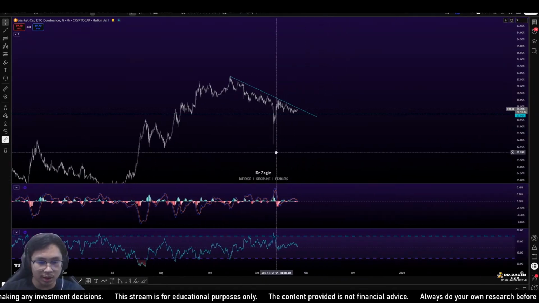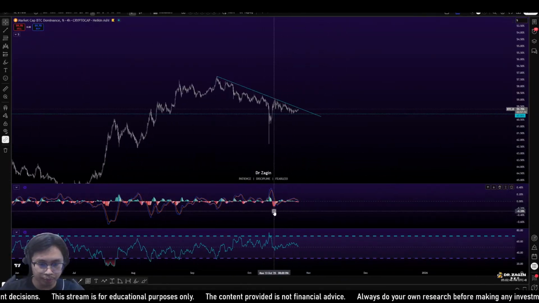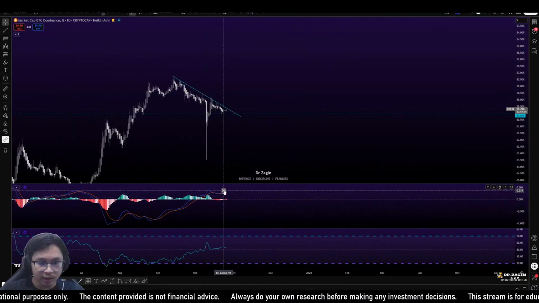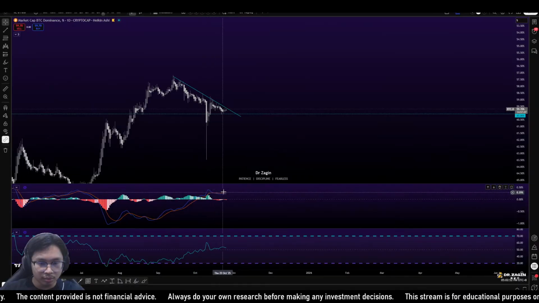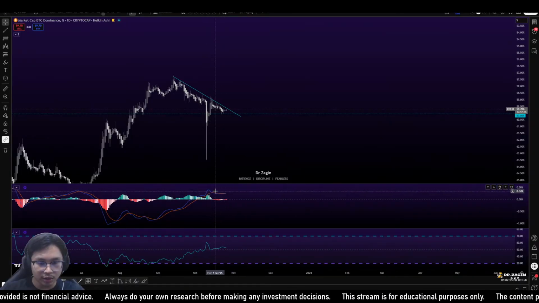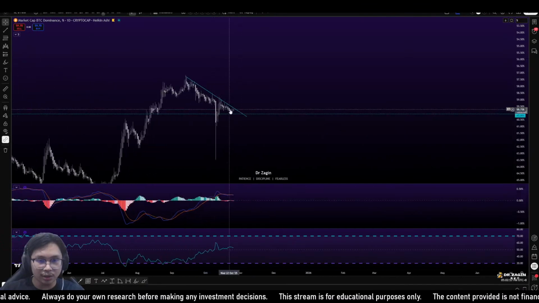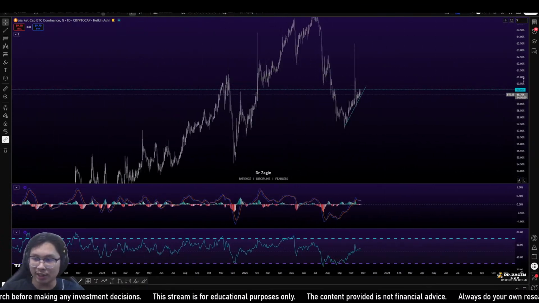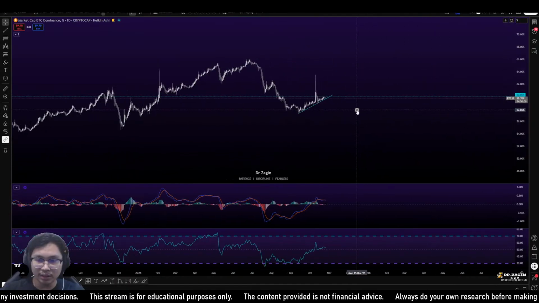So let's look at MACD. It's in the bullish territory, so I would say, oh wait, we're on invert scale, my bad.